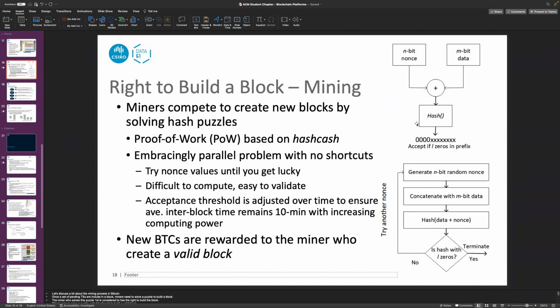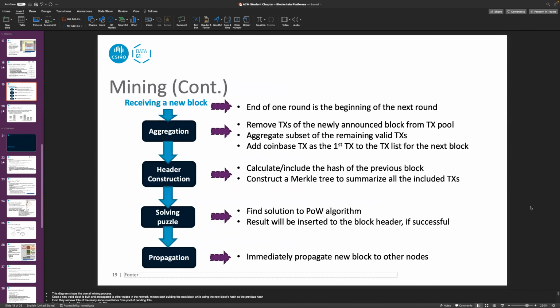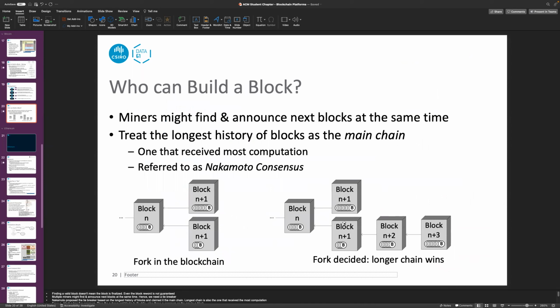Hopefully only one would get this correct within, let's say, 10 minutes. Maybe 2, maybe 3, but definitely you're not going to have 100 competing blocks for the same block number, meaning the same position.